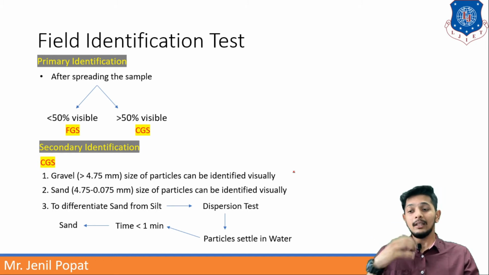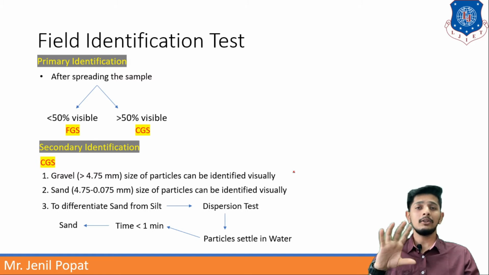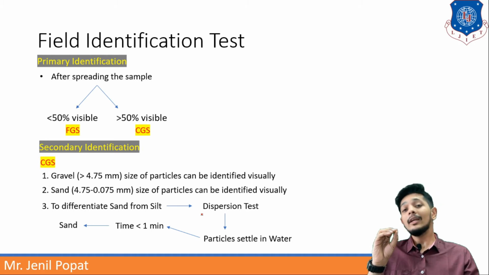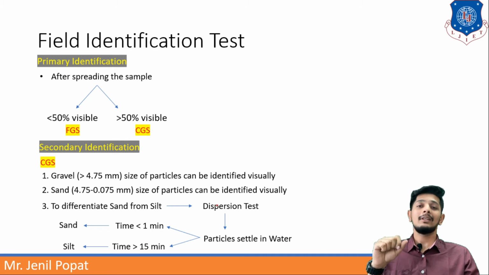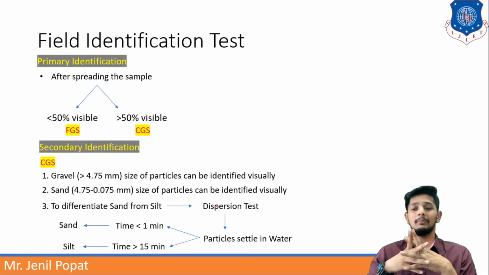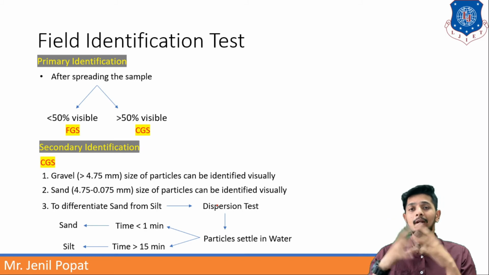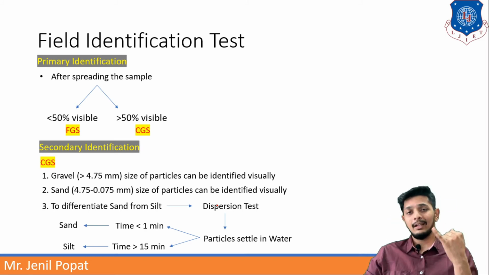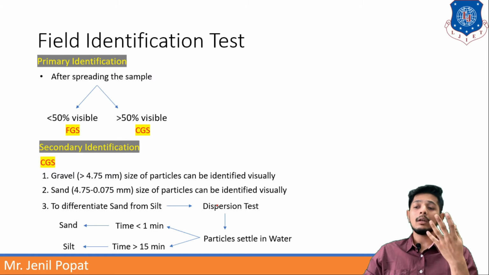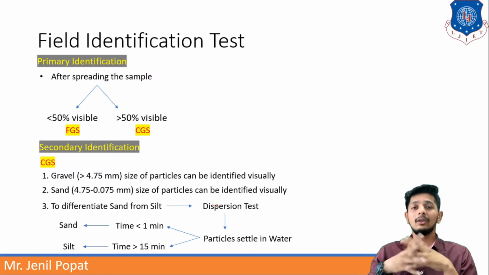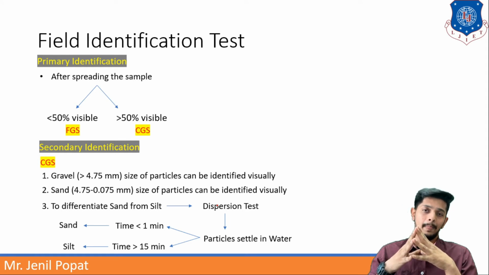After adding that, if the soil settles down in 1 minute or so, then it will be a sand. If it does not settle in 1 or 2 minutes, and takes more than 15 minutes, it will be a silt. So you can identify on the field if it is gravel, sand or silt. Right? That is how you can differentiate all these types.